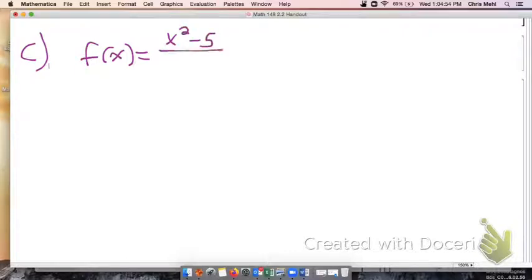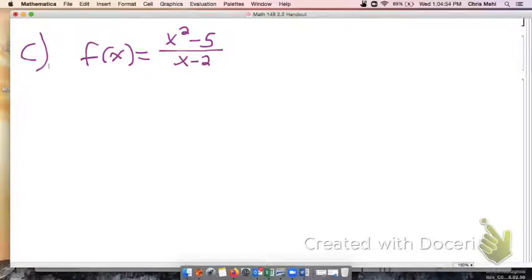Let me call this part C. Now what if my function is f of x equals x squared minus 5 over, let me just do x minus 2 in the denominator.